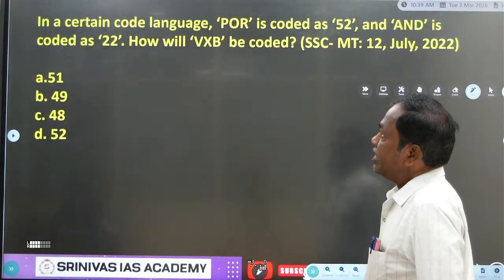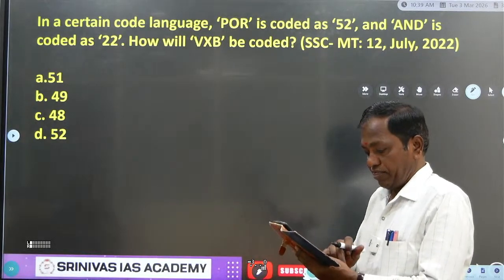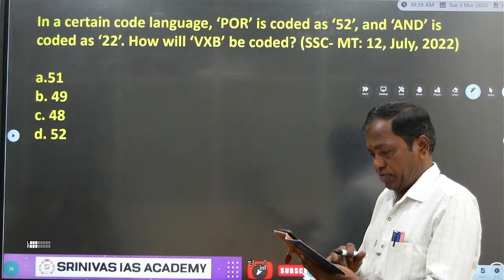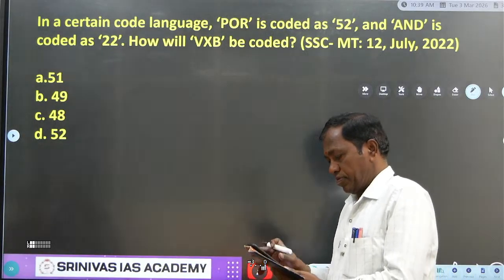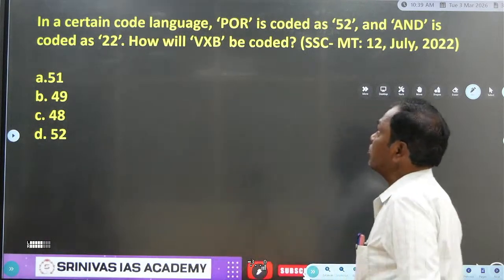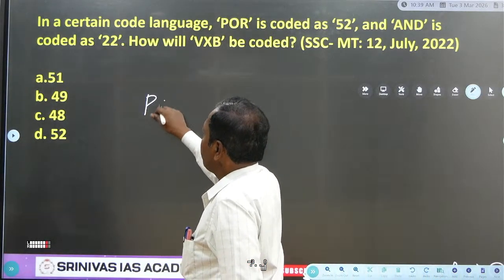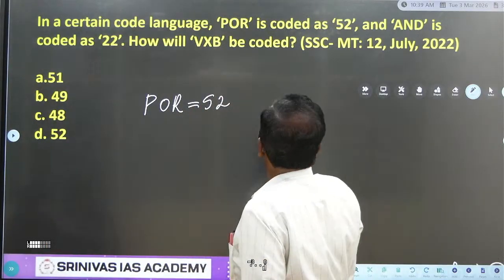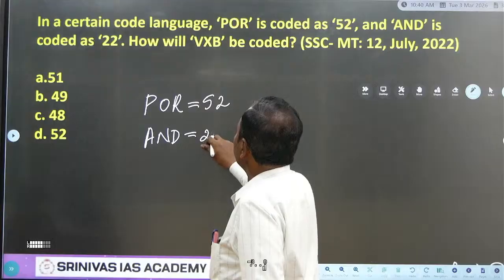Now, in a certain code language, POR is coded as 52 and UND is coded as 22.